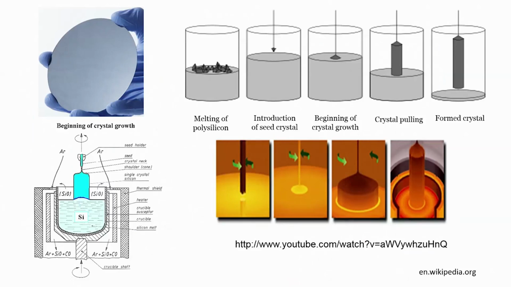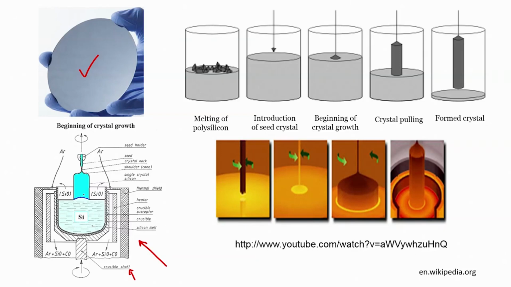This is what we want, and how is it made? Initially, polysilicon is melted at very high temperature, and you can see in this figure that there is a crucible, and a crucible shaft which helps the crucible to rotate.